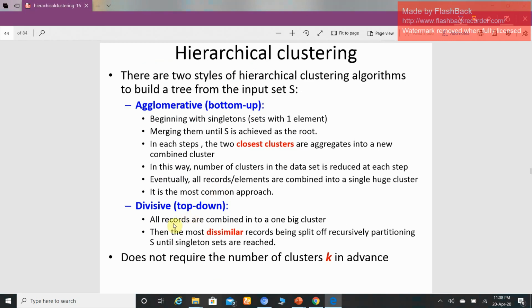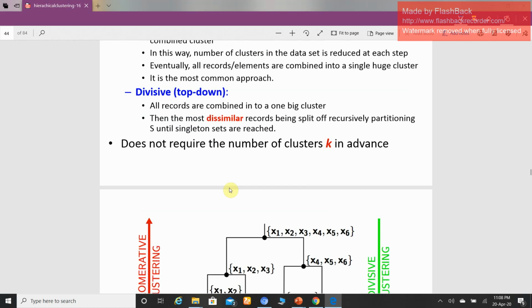Divisive is a top-down approach. With the help of these two techniques, we build a tree from the input set S. Based on these two techniques, we do not require the number of clusters k in advance.